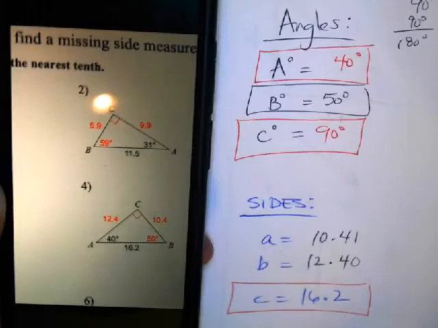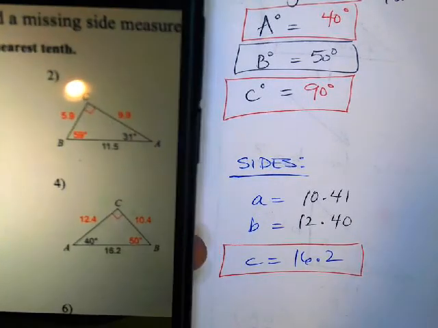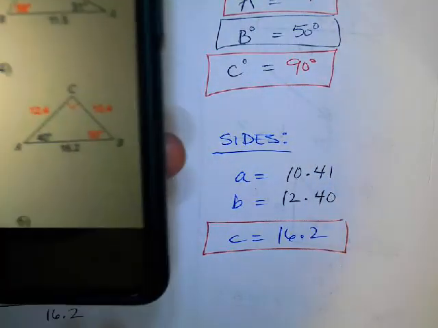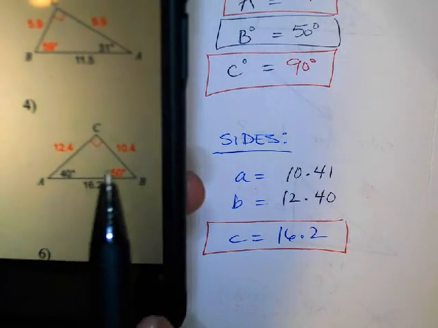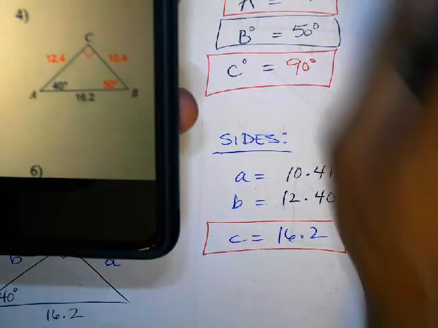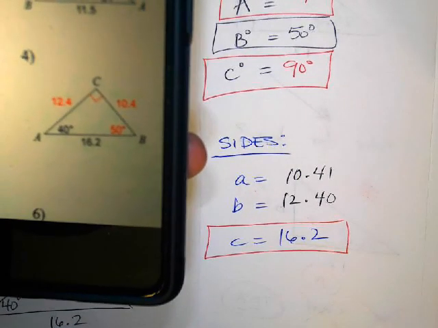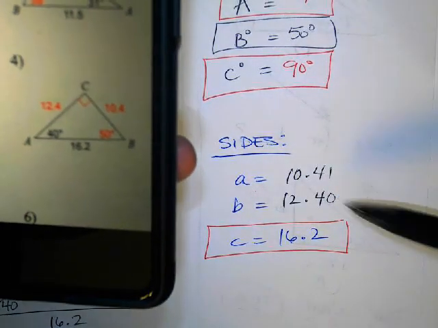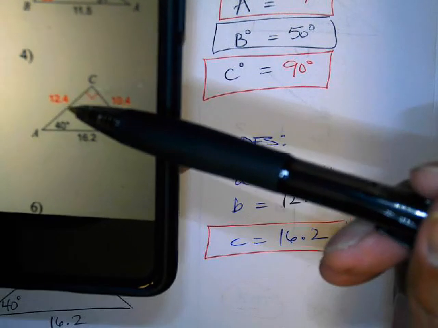And what did I get for side A? 10.4. That's what it says here for A, 10.4. Trying to focus it a little better.